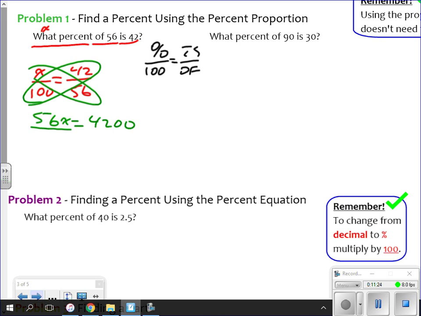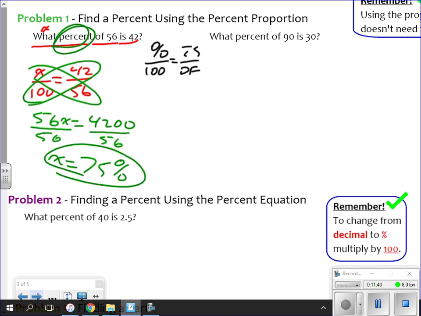Divide by 56. And x equals, what do you get for that? Is it 75%? So you end up getting 75, which means I have 75% because it asks for what percent. So my answer is 75%. Piece of cake. Set it up, piece of cake.